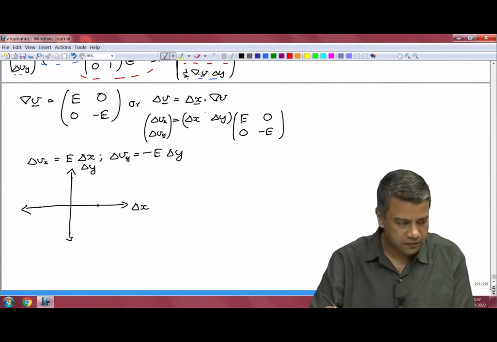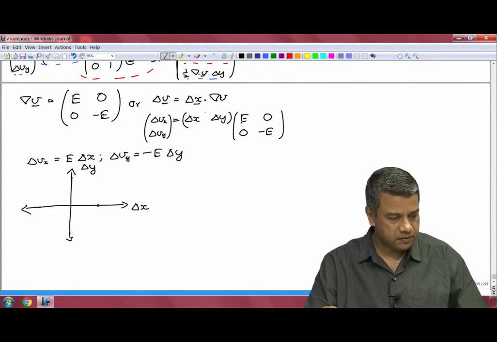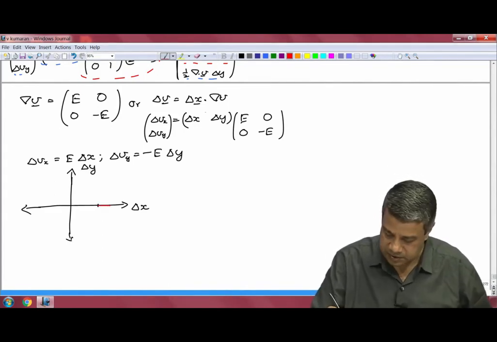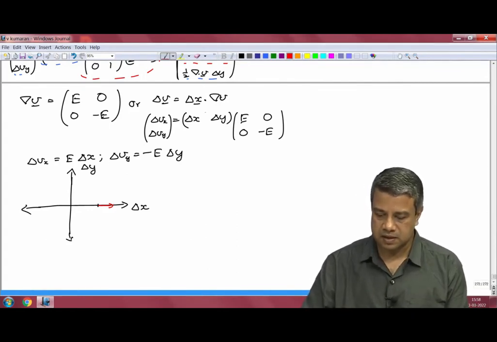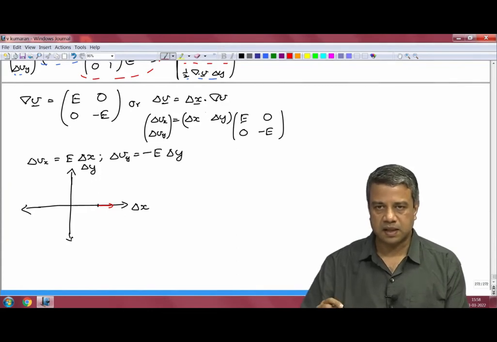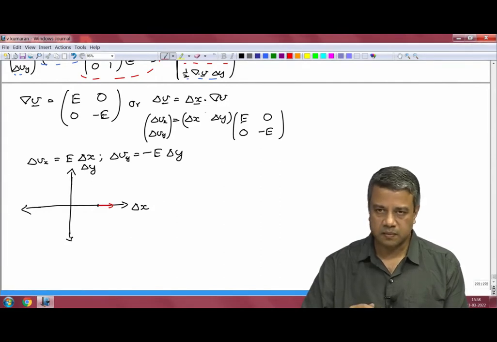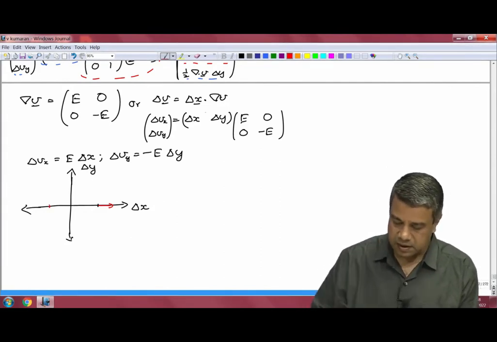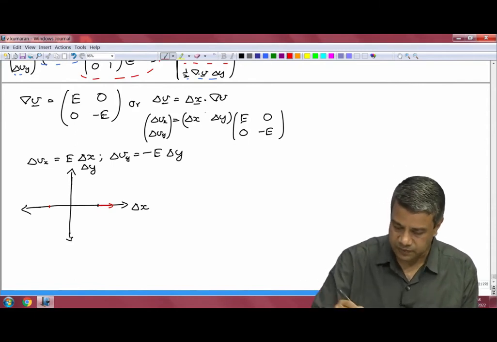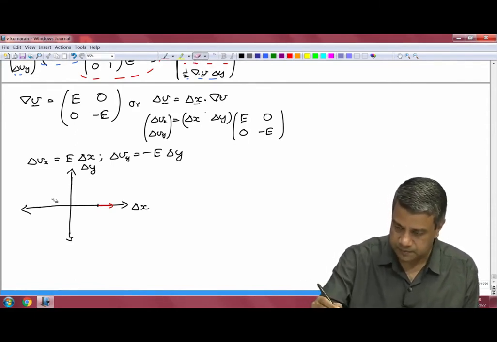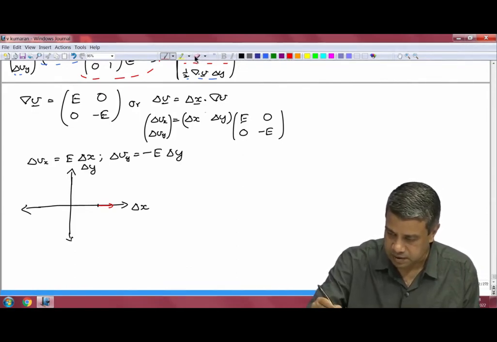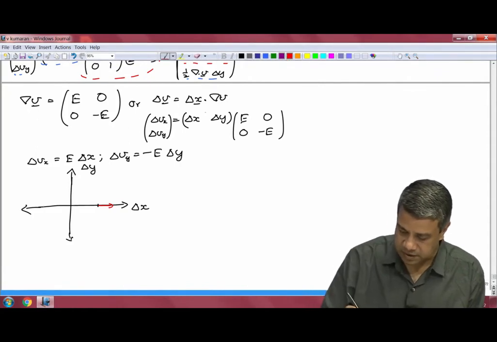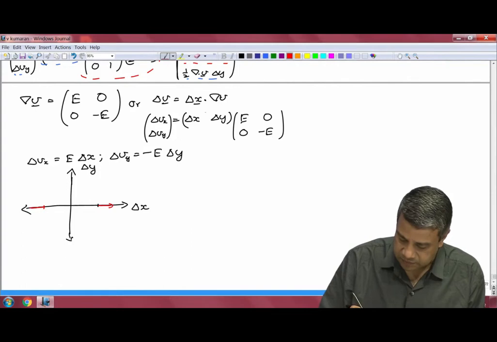Therefore, the relative velocity is going to be in the plus x direction at the location on the x axis where delta x is positive and delta y is 0. At a location on the minus x axis where x is negative and y is equal to 0, I will get minus E times delta x as the relative velocity.